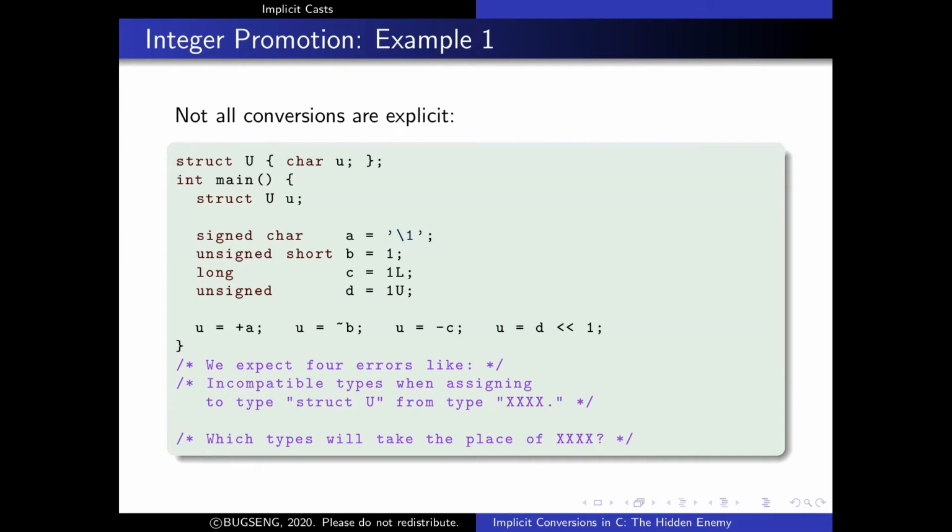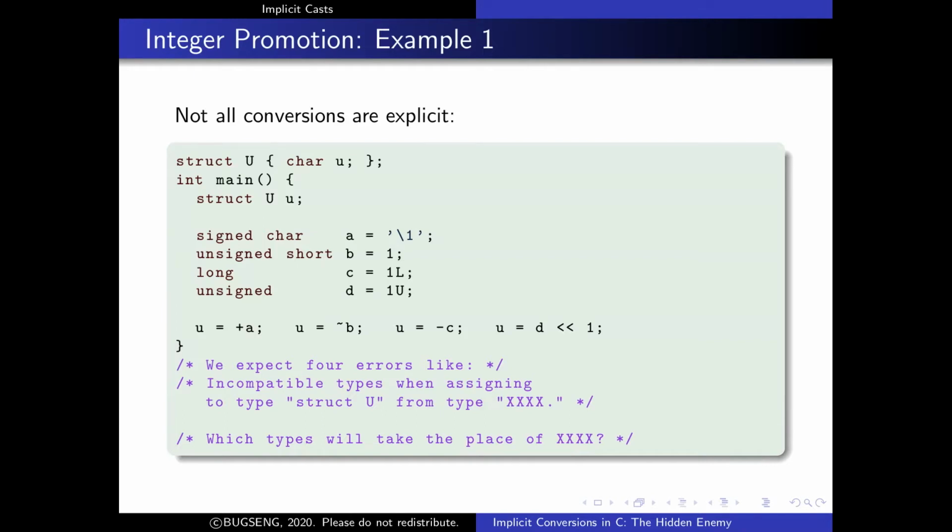It's an example program that will trigger compilation errors, because you see in all these assignments, we are converting something that is numeric to a struct, and this is an invalid conversion. It doesn't make any sense. So it's an error, and every compiler will flag the error.